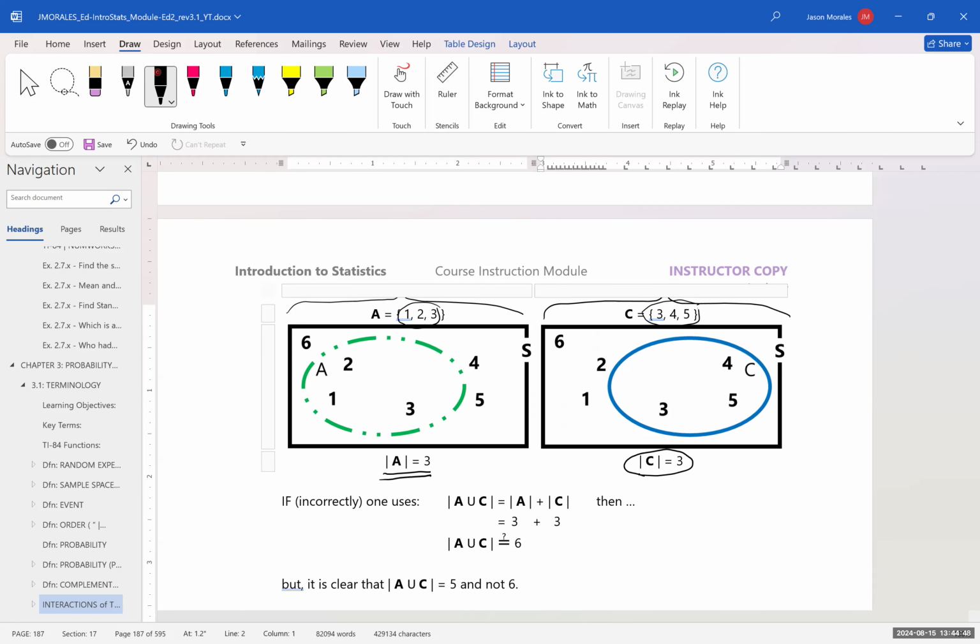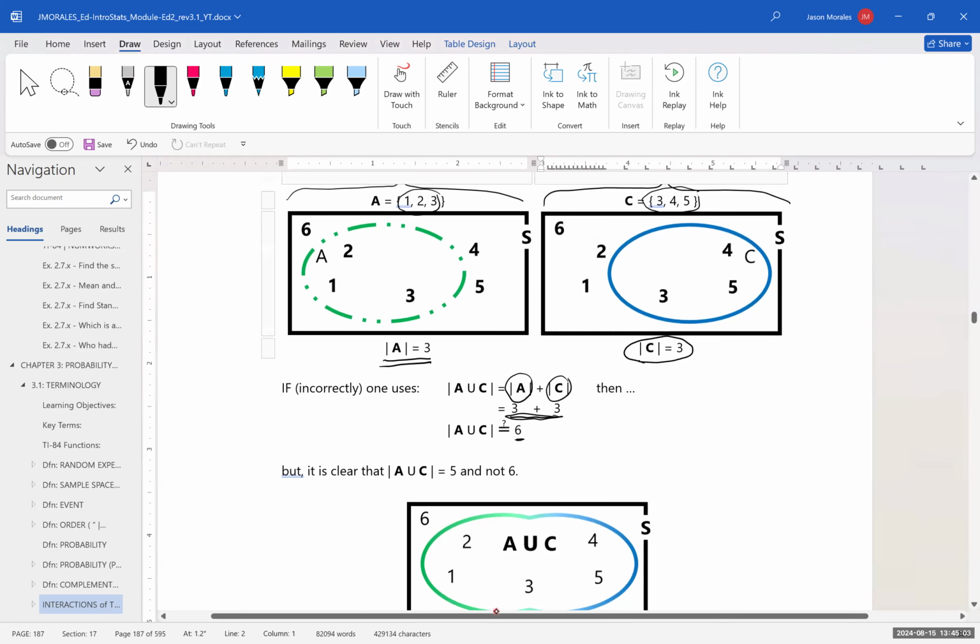So if we incorrectly simply sum the order of A and C together, then we get a union of these two of 6. But it's clear that A union C should be 5 and not 6.